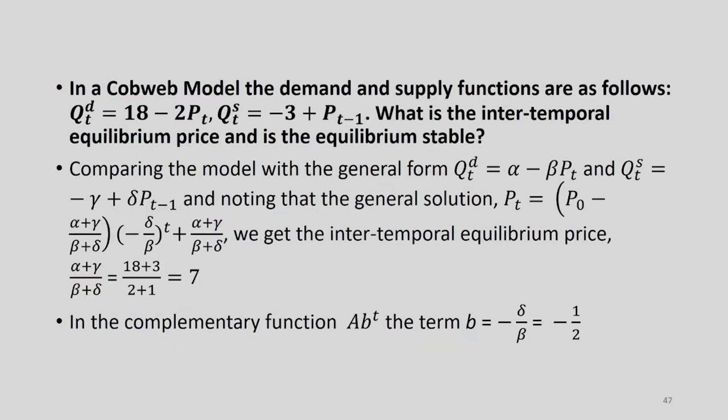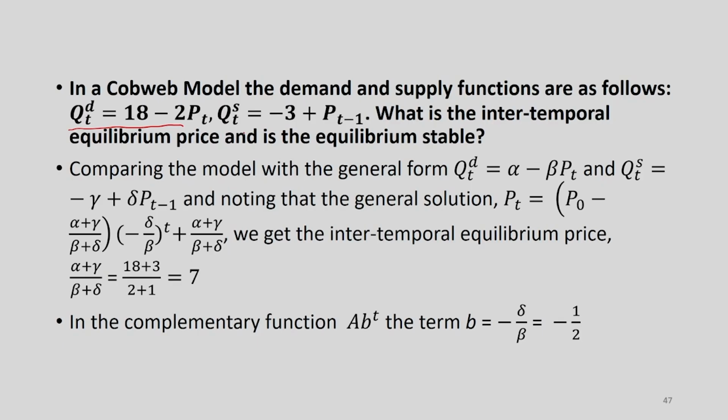Here is another application of difference equations in the cobweb model. In a cobweb model, the demand and supply functions are as follows. This is the demand function, Qdt is equal to 18 minus 2 Pt, P is the price, Q is the quantity, d stands for demand.